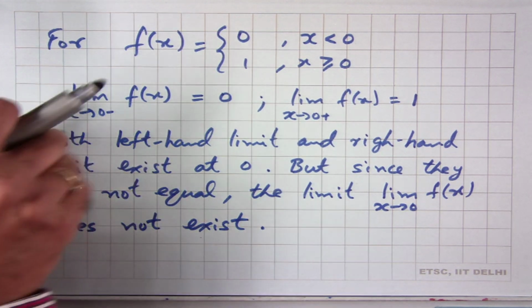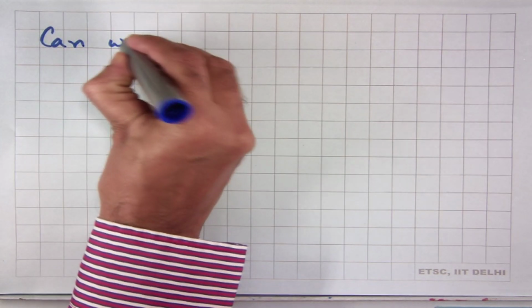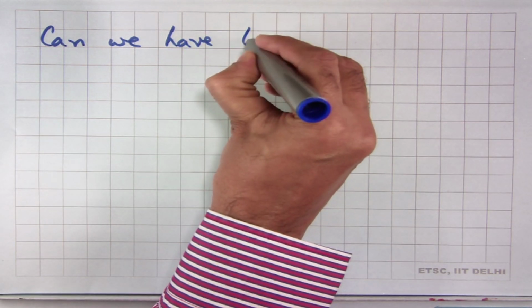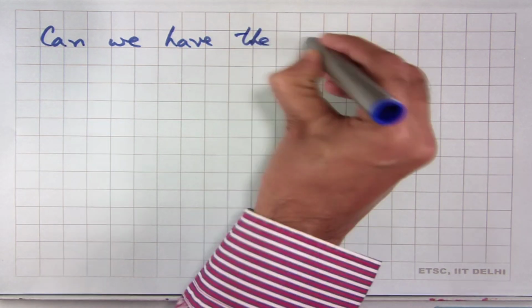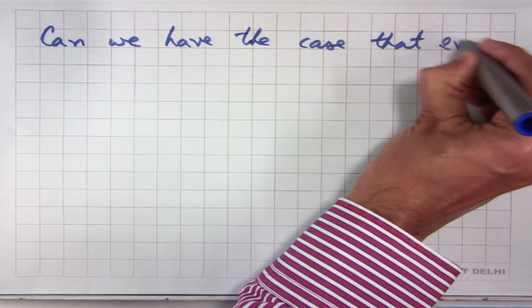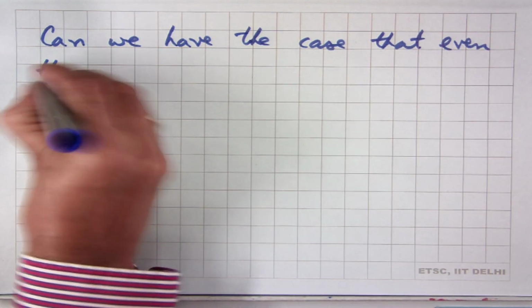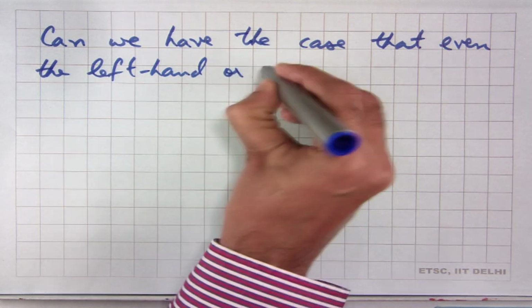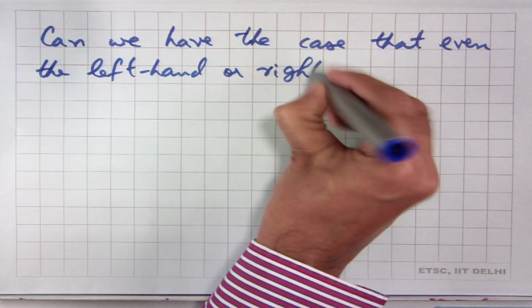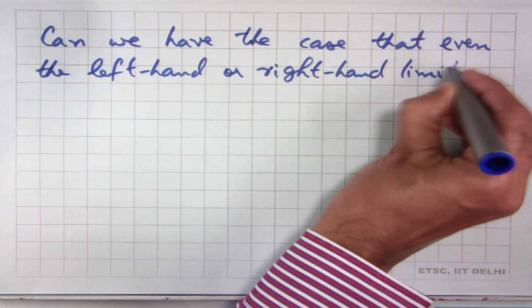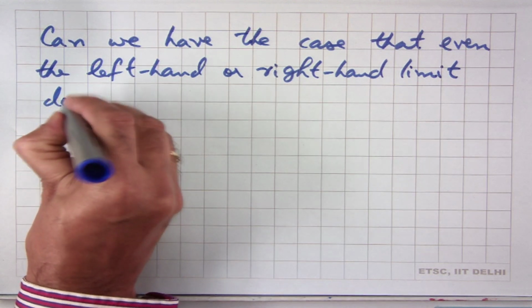Okay, so can we have the case that even the left hand or right hand limit does not exist?